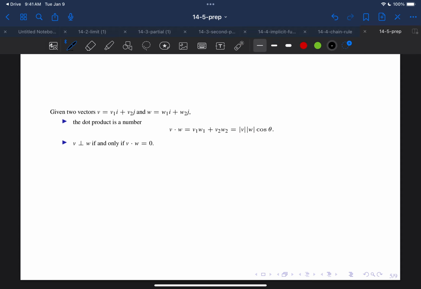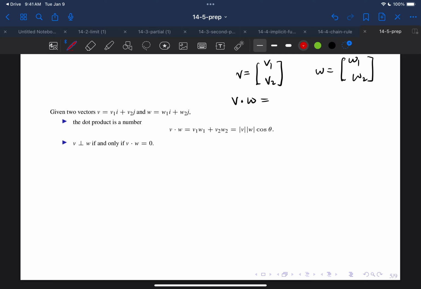So let's first look at what v looks like. V is v1, v2, where v1 is the x coordinate and v2 is the y coordinate, and w is again w1, w2. What is the dot product?